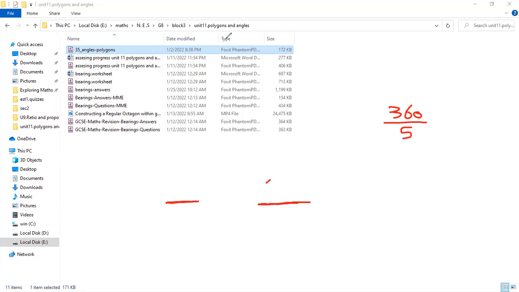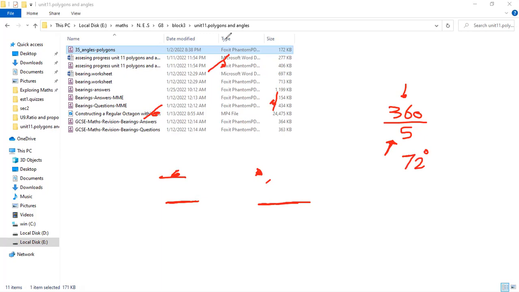Because all exterior angles add up to 360. Why do I divide by 5? Because the number of exterior angles is 1, 2, 3, 4, 5. So 360 divided by 5 equals 72. This is the first way.